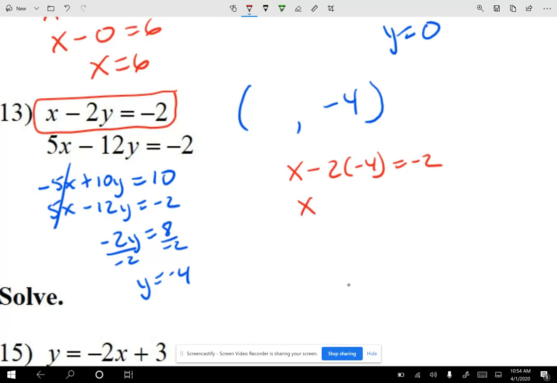So I have that x plus 8 is equal to negative 2. Once again, negative 2 times negative 4 gave me positive 8, so that's why I wrote x plus 8 equals negative 2. To get the x by itself, the plus 8, let me move it over as a minus 8. So I get that x is equal to negative 10.